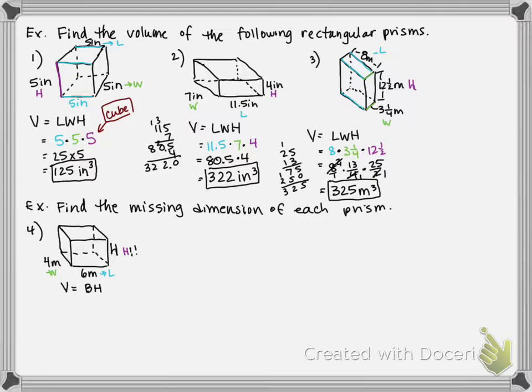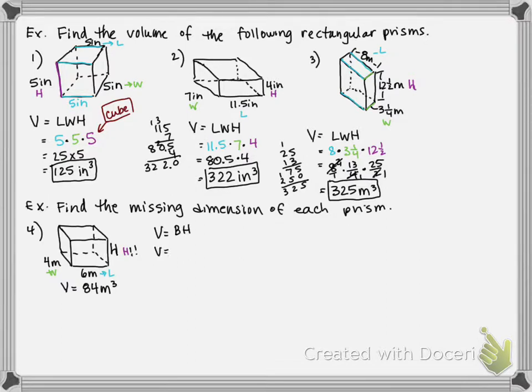Over here I got a problem. That's 84 cubic meters. Now let's start with the formula. Actually I'm going to do it to the side here. So V equals the area of the base times the height.